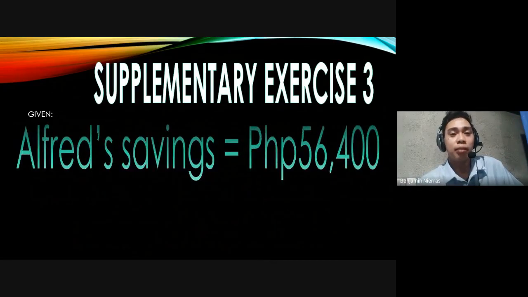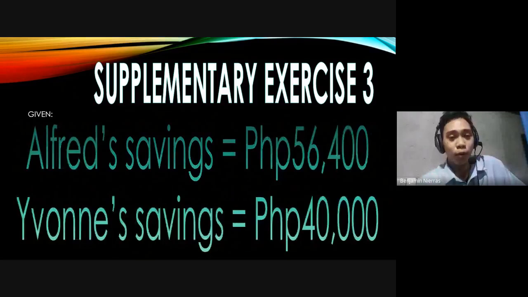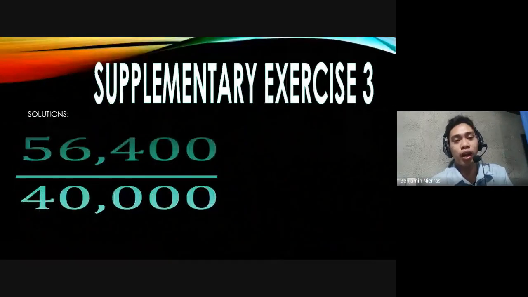Alfred's savings is given as 56,400 pesos, and Yvonne's savings is 40,000 pesos. But the question is, what would be the ratio between Alfred's savings and Yvonne's savings? So by such given, let's go to the solution.